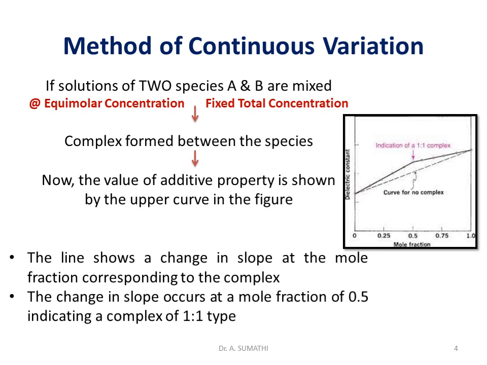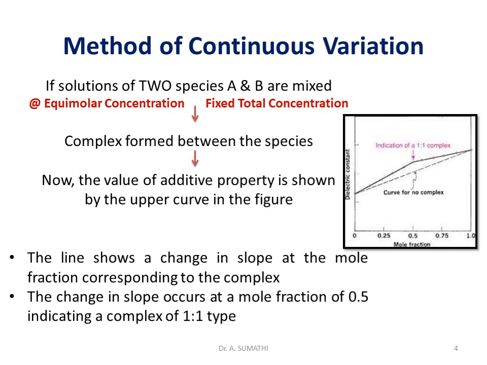In that case, you can notice complex formation between the two species. In the graph, the lower curve shows no complex formation, which is a linear relationship, whereas the upper curve indicates complex formation between the two species. So the additive property is shown by the upper curve in the figure.